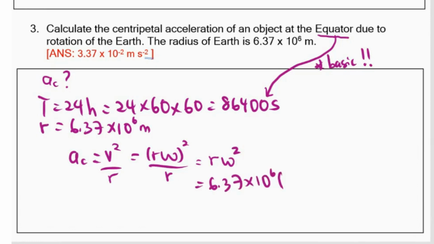And the omega is given as 2 pi by period. So 2 pi by period is 86,400. Don't forget the square as well.